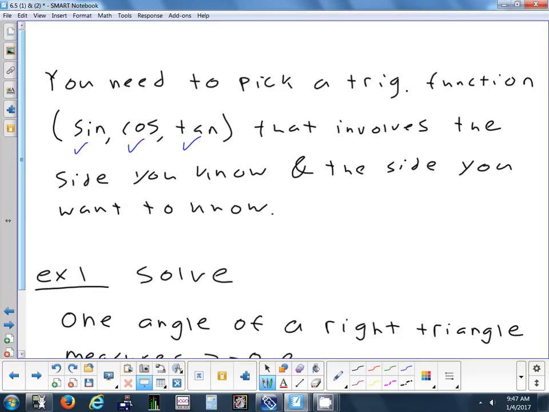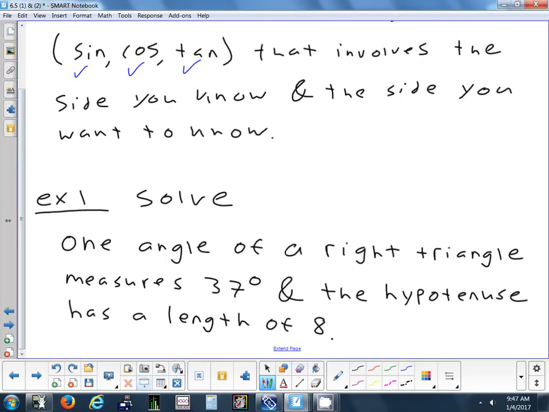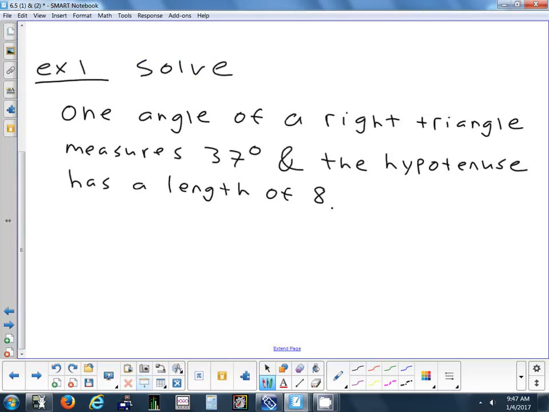It's easier if I just draw a diagram and show you. So they're telling me that I have a right triangle. One of the angles is 37 degrees and the hypotenuse is 8. Doesn't matter where you put the 37. And my drawings are never to scale.